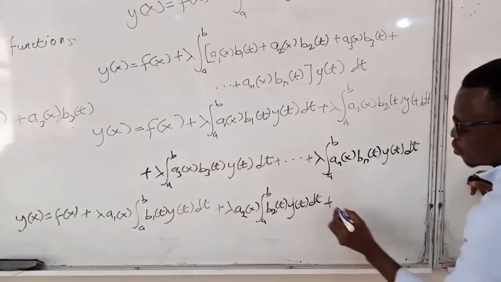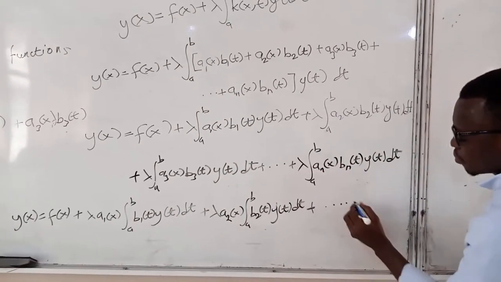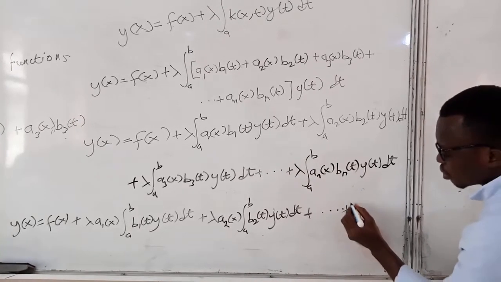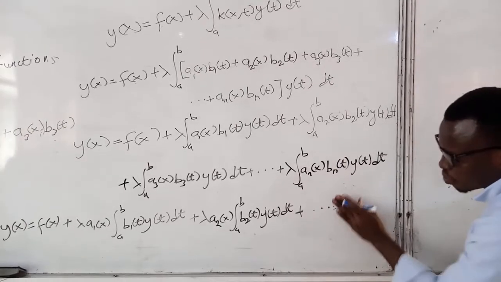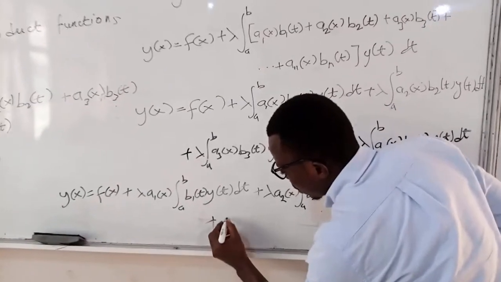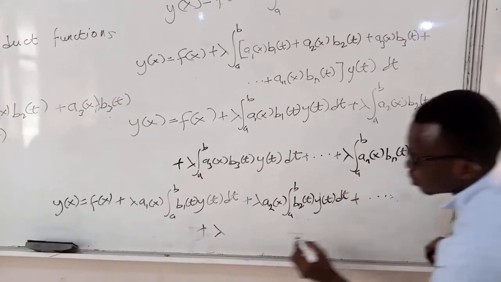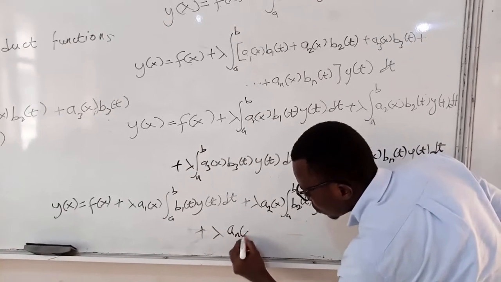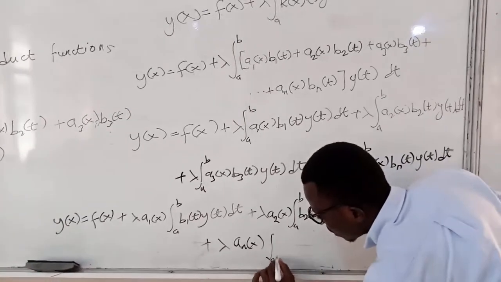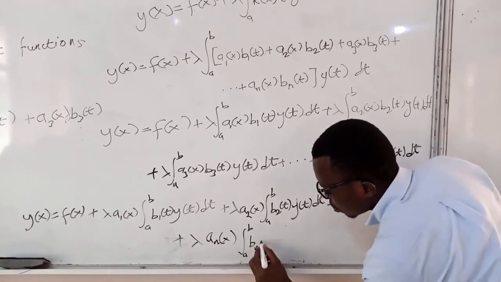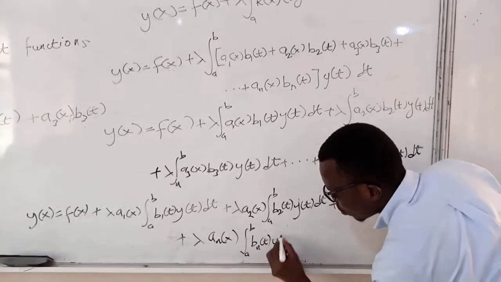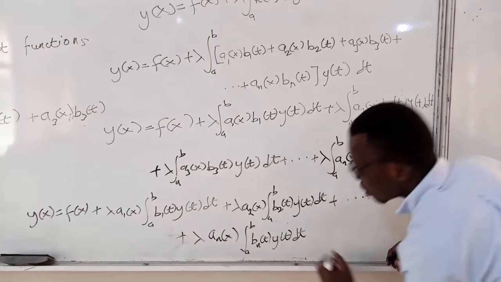So we can just jump to the last term, plus lambda an of s integral from a to b, bn of t, y of t dt.